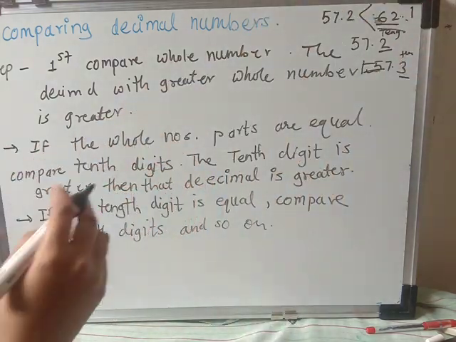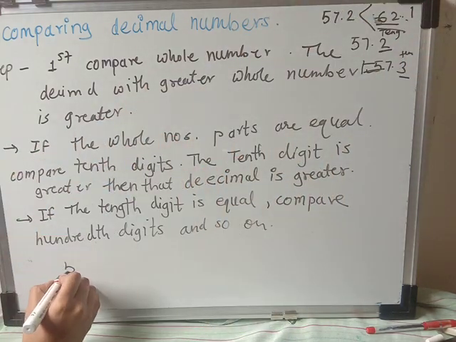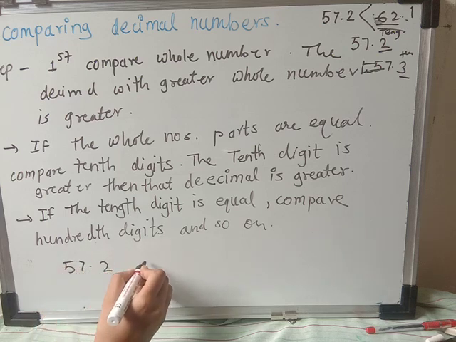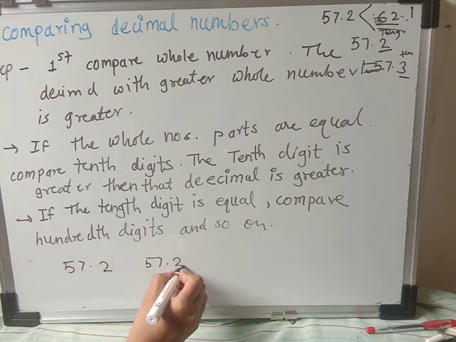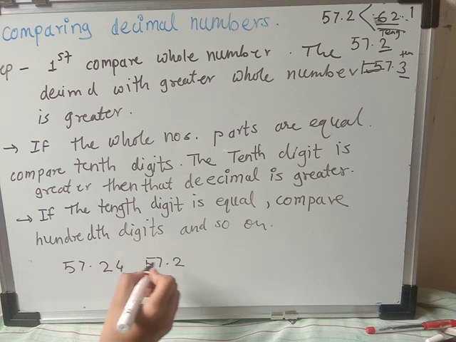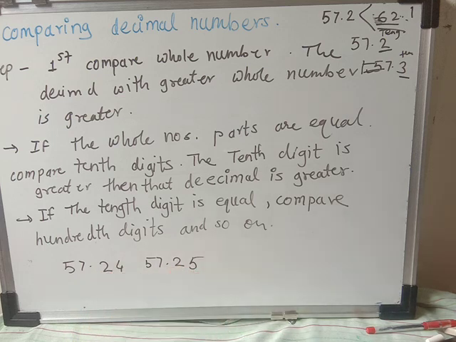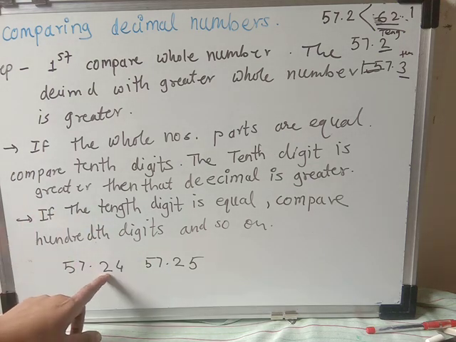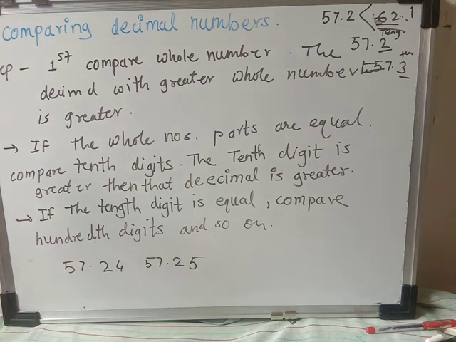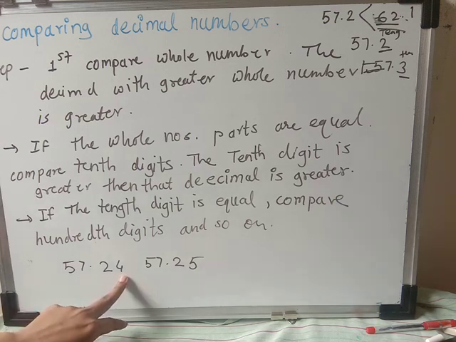Okay, so in this way, suppose 57.2 and here 4 and here 5 is there. Again here 57 and 57 whole numbers are equal, then go to the tenths place, tenths place is also equal, then we have to go to the hundredths place.